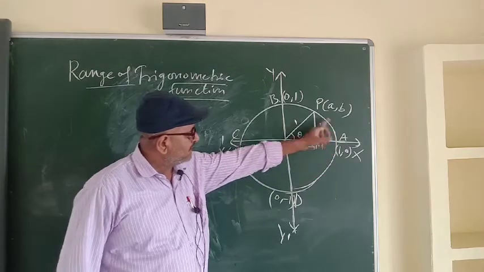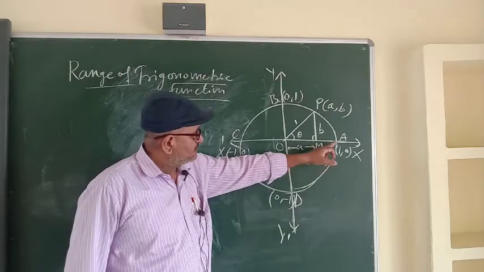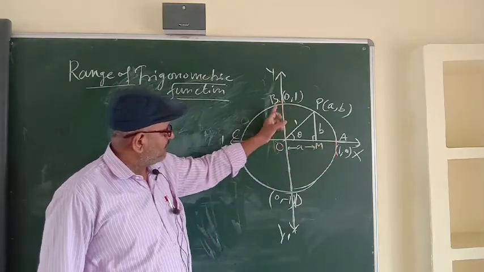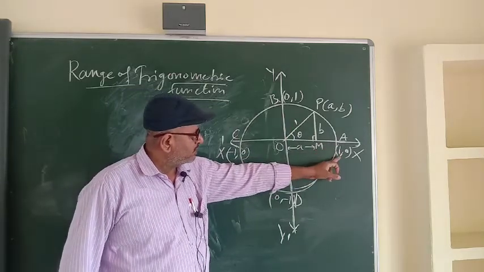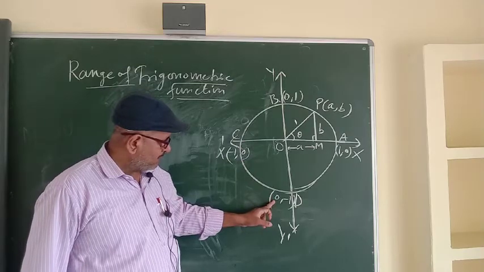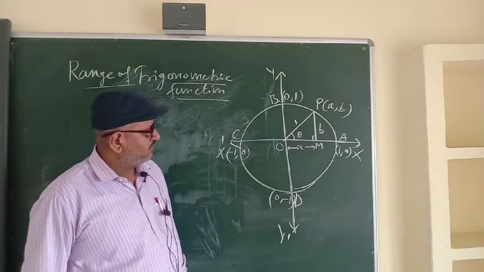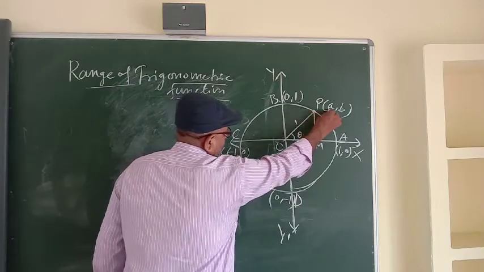So this is a circle of unit radius, means 1. This circle cuts the x-axis and y-axis at the points A, B, C, D. Coordinates of A (1, 0), B (0, 1), C (minus 1, 0) and point D is (0, minus 1). P is a point whose coordinate is (A, B).